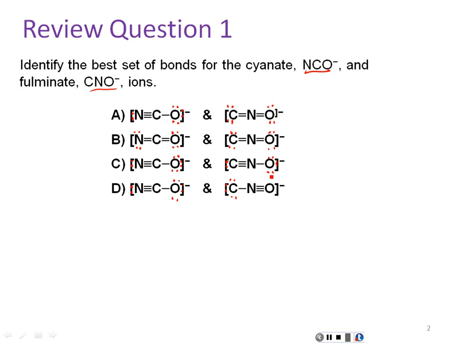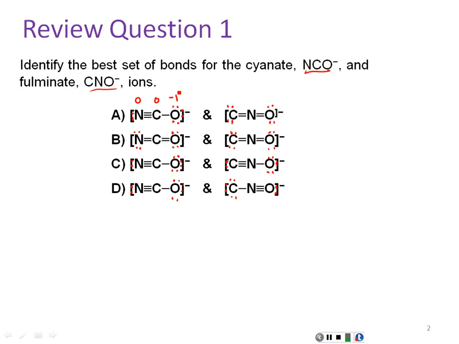Okay, now to answer this question, we'll have to do formal charges for the atoms in these structures. So we really only have two structures for the cyanate ion. And then when we calculate the formal charges, this top structure shown in A, the nitrogen will have a formal charge of 0, carbon will be 0, oxygen will be -1.